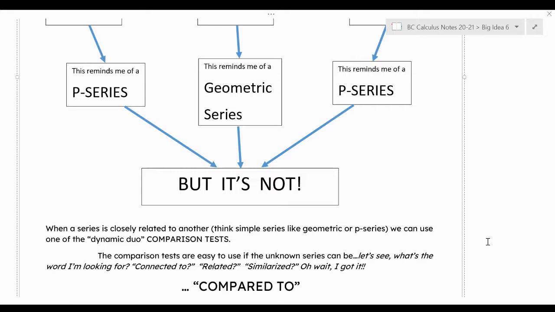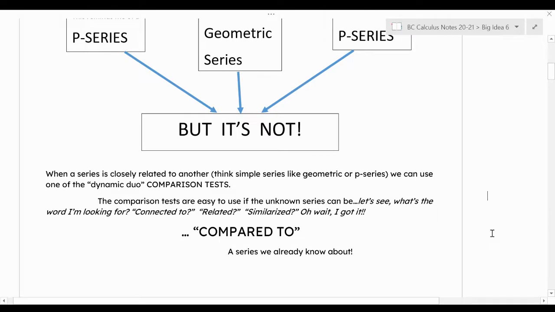We're similarizing. Oh, I got it. We're comparing. Okay, I should be an English teacher, shouldn't I? Well, we're going to compare series that look like easy P series or easy geometric series.